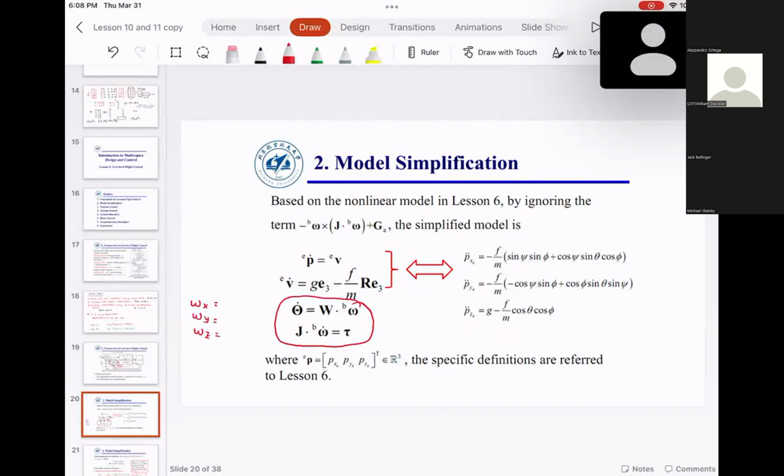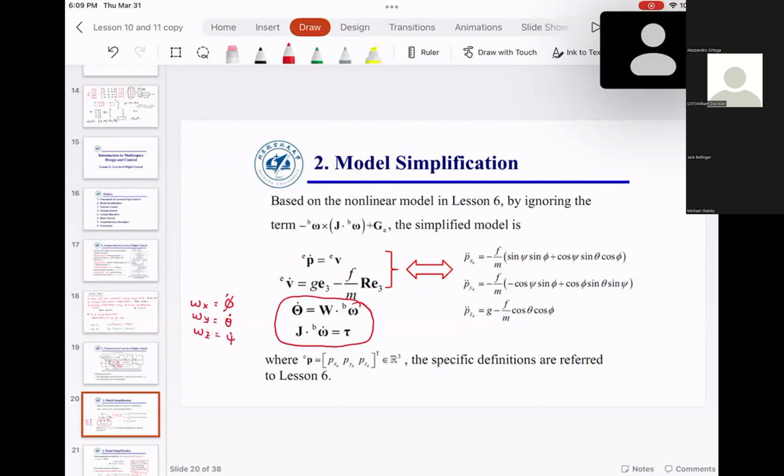Omega x is about the x-axis, which is nothing but the roll rate. Omega y is about the pitch axis, so this is the pitch rate, and omega z is the psi rate.